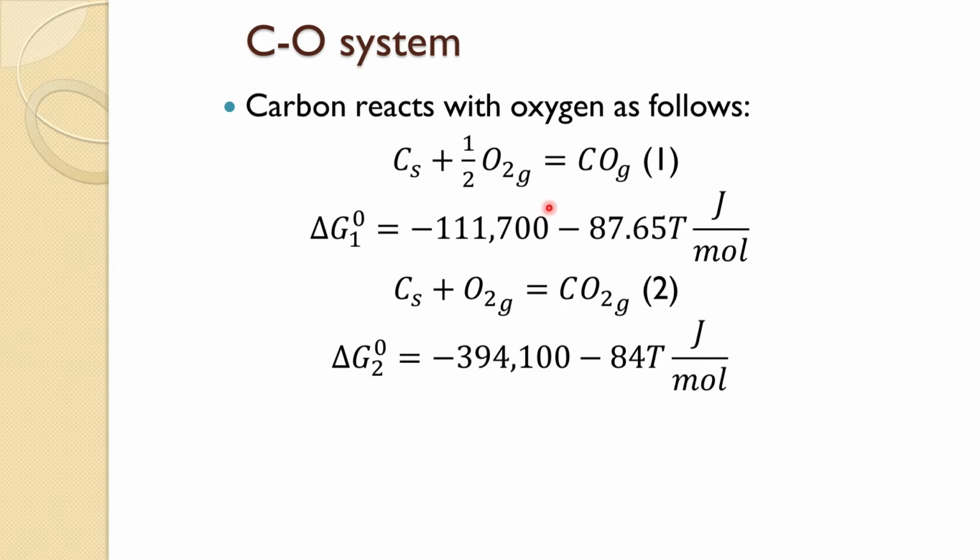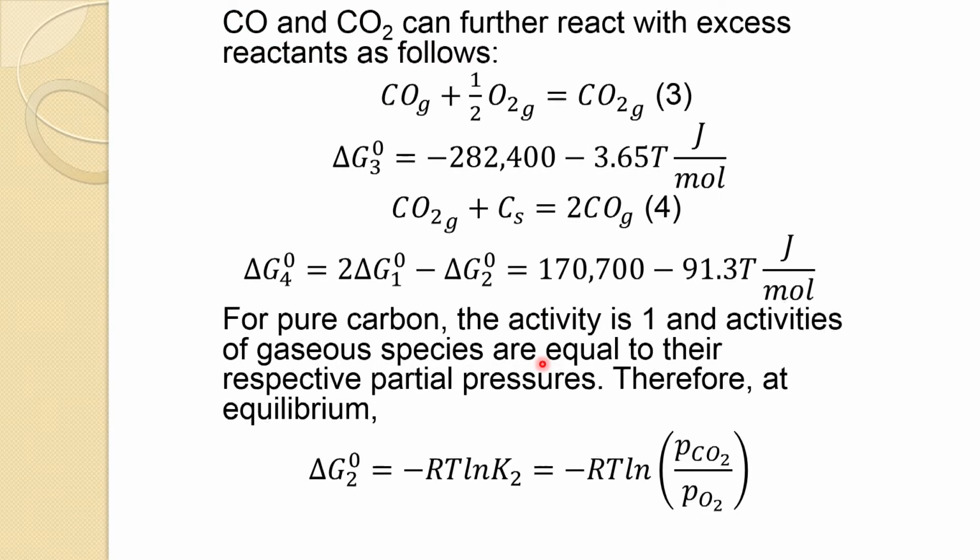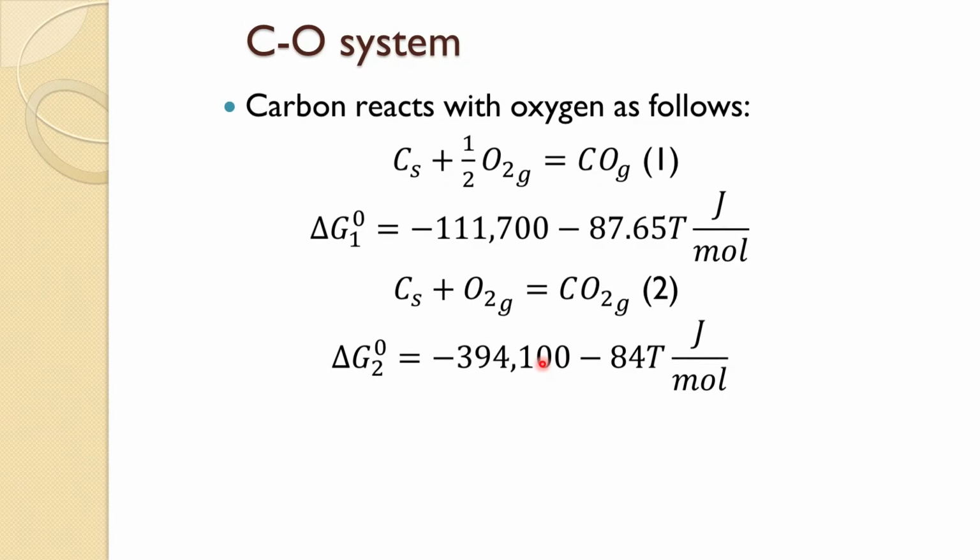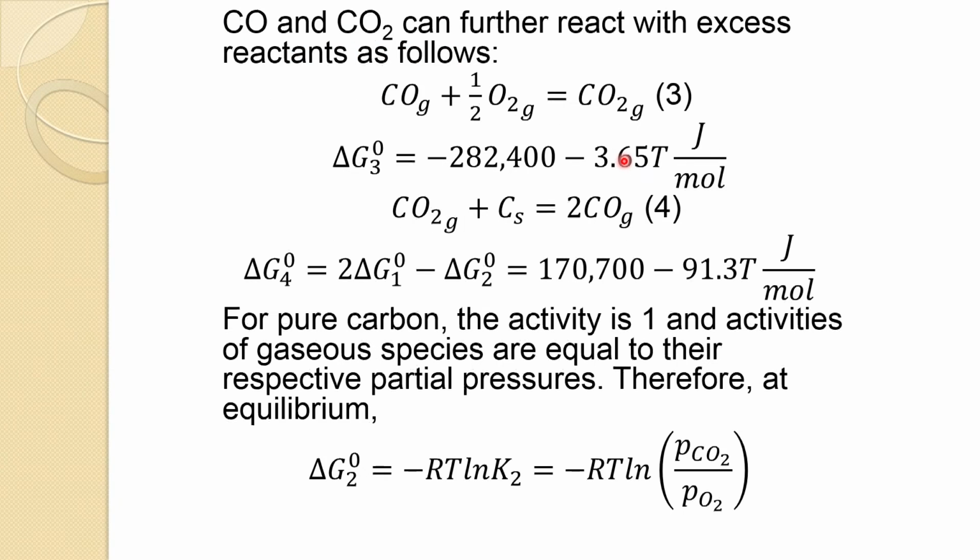You can see both are exothermic in nature. When CO forms, it can further react with oxygen to form CO2, and the free energy is given again for this reaction. Similarly, the CO2 which is forming here can react with carbon to give you 2CO.